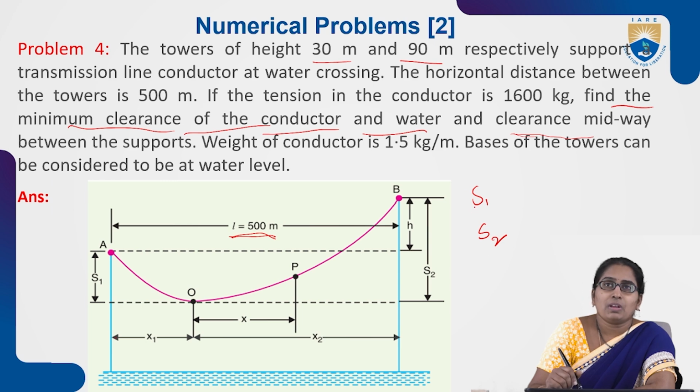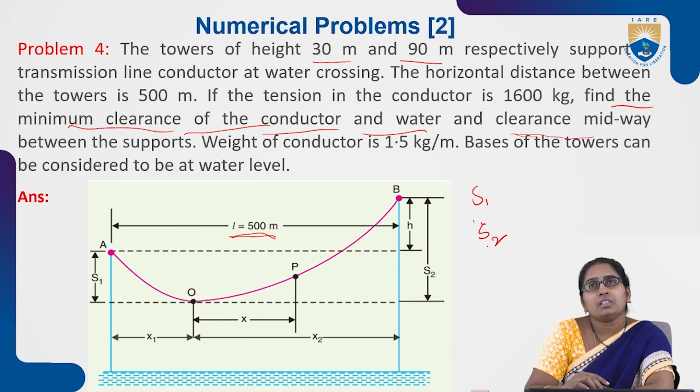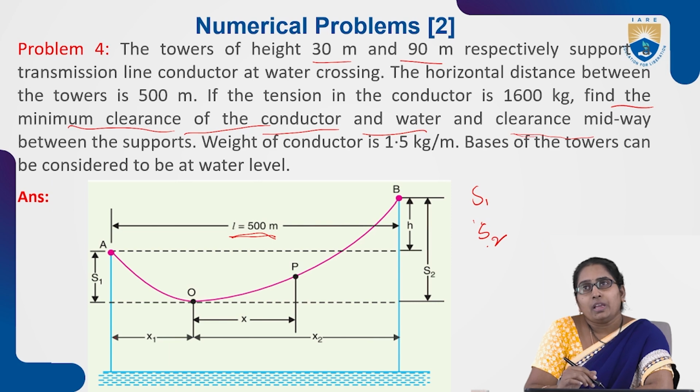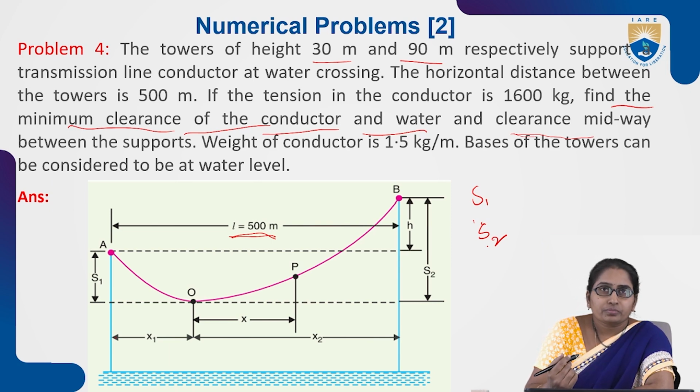Towers at unequal heights, we calculate this. Then using this data, we find what they asked in the problem. They asked the minimum clearance of the conductor and water. That is the first thing they ask. So for minimum clearance we can calculate.